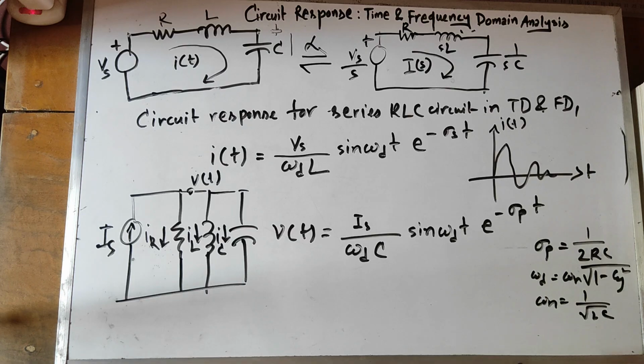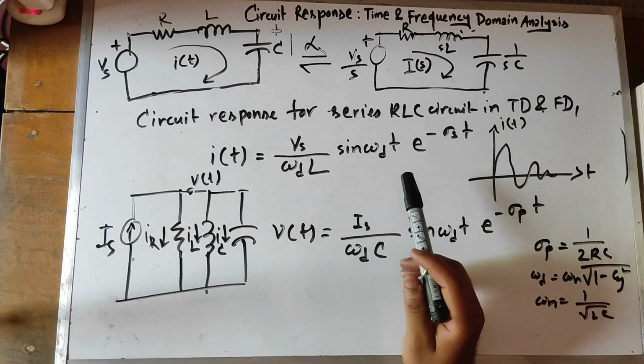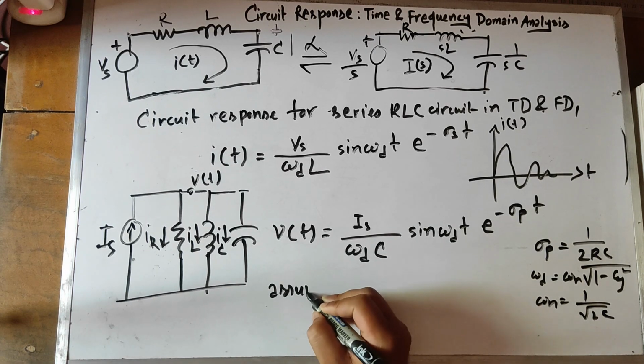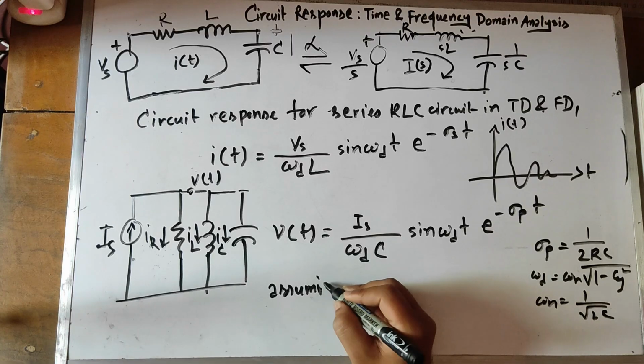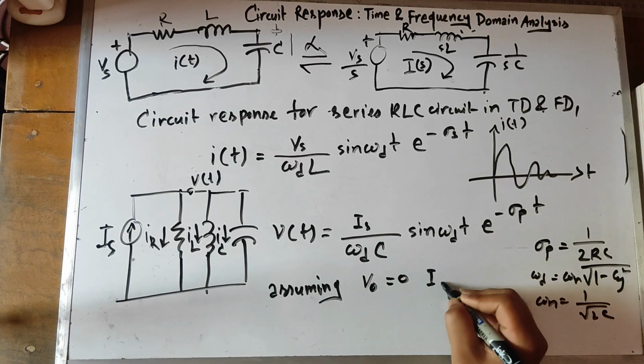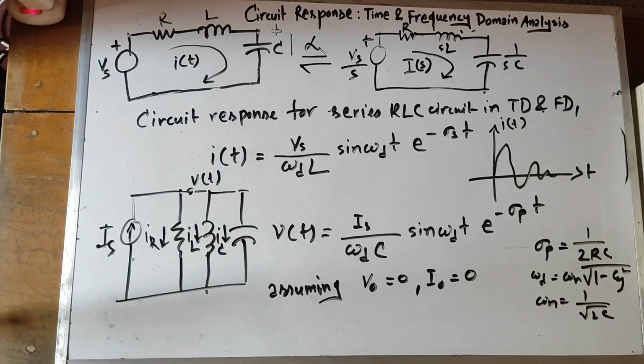If you find any mistakes, you can tell me. I have assumed initial voltage and current vo equals 0, io equals 0.